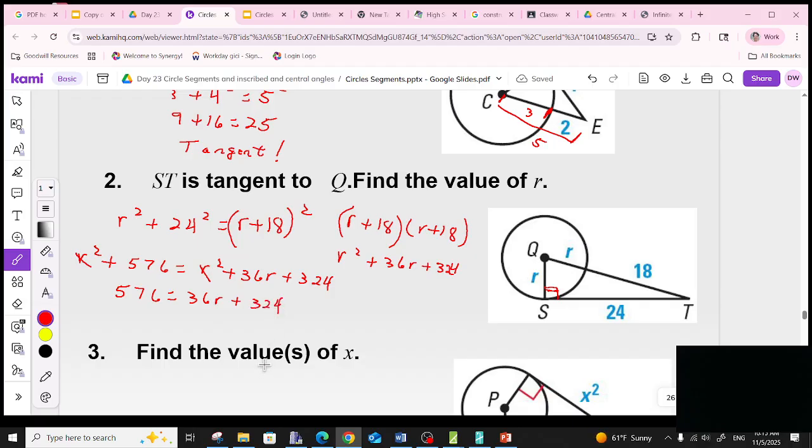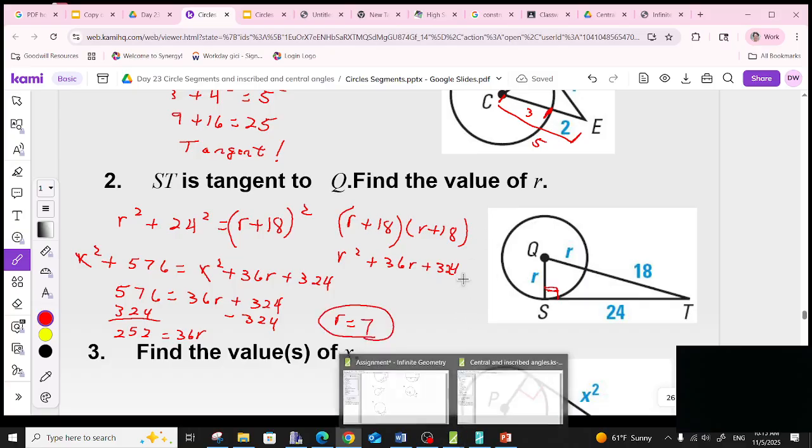Now what do I do? Subtract 324. 252 equals 36r. So r is equal to 7 because I divide by 36, right?